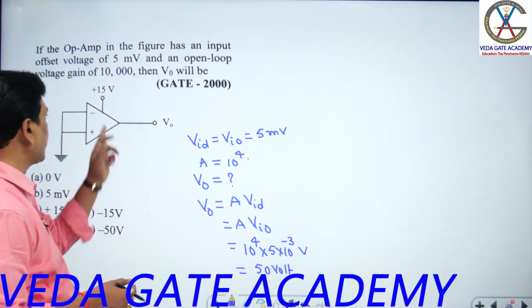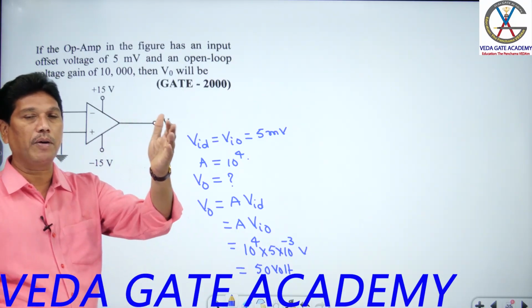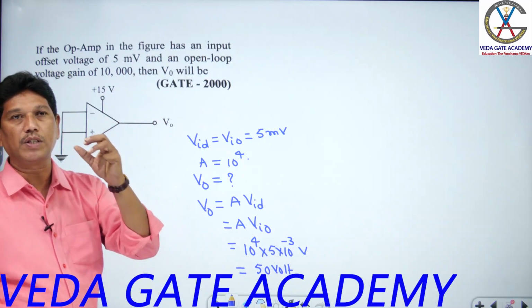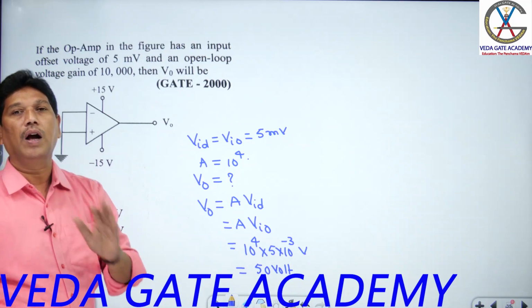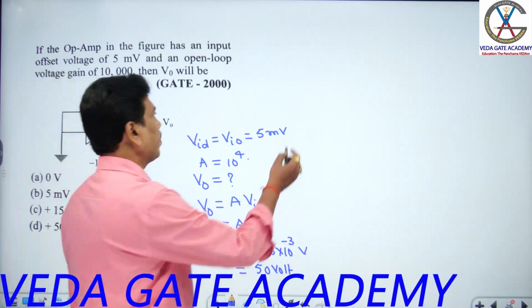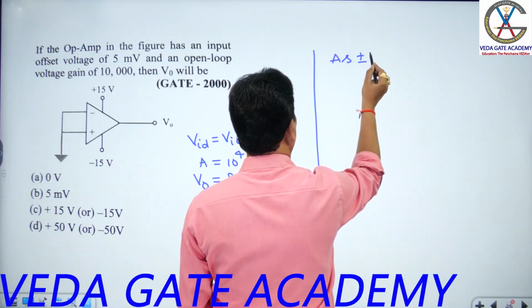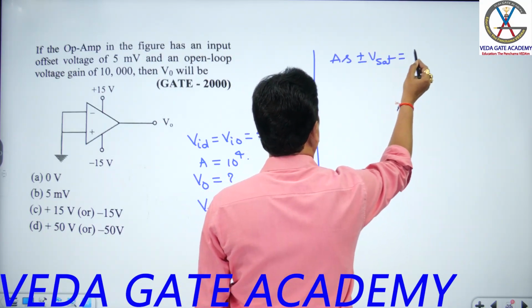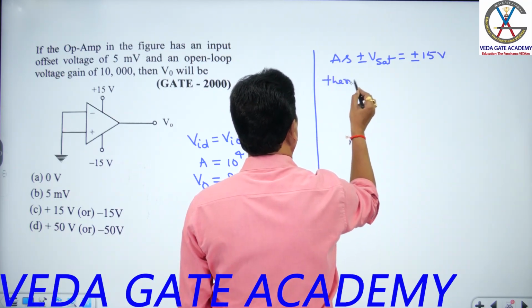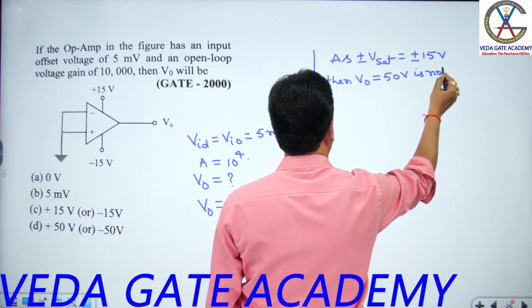But the problem here is the saturation values, plus or minus 15. Already I told you that during amplification the output amplitude must be restricted within the saturation values. So the output is always between plus or minus V saturation, not above that. But the output looks like 50 volt, which is not possible.